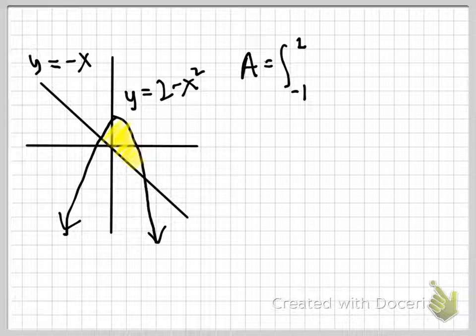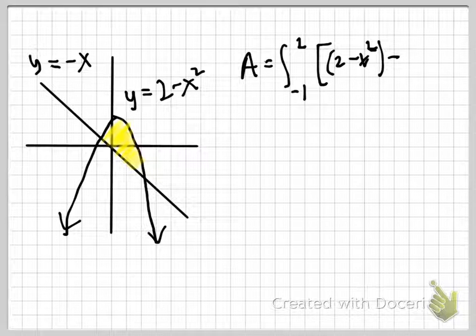And now we're going to take the top function, which is 2 minus x squared. And from that, we are going to subtract the lower function, which is negative x.